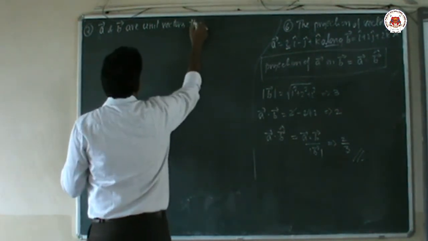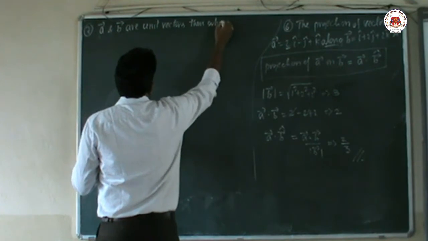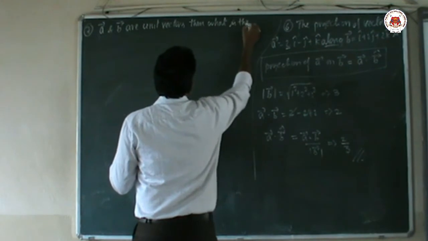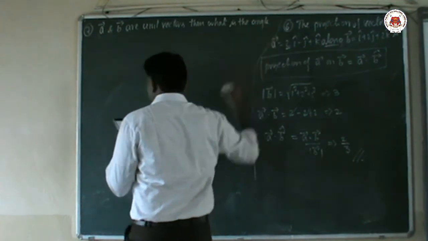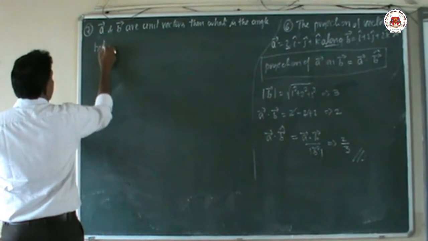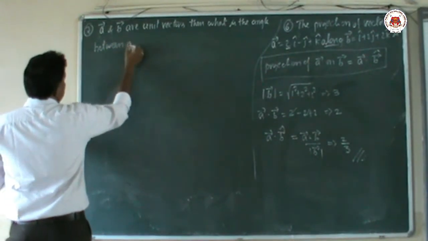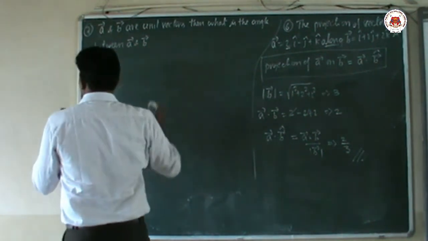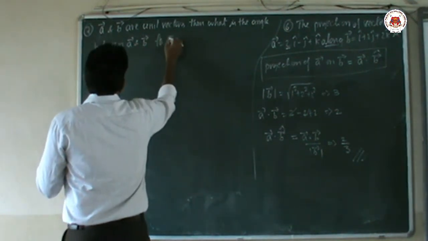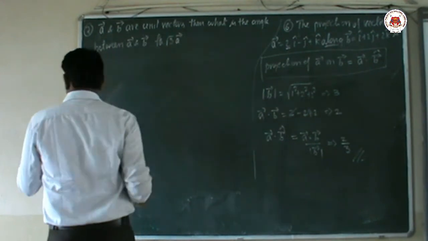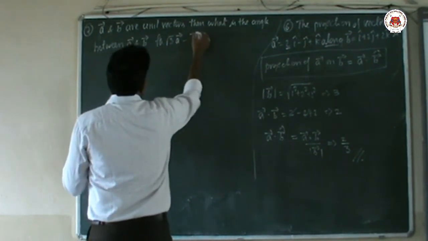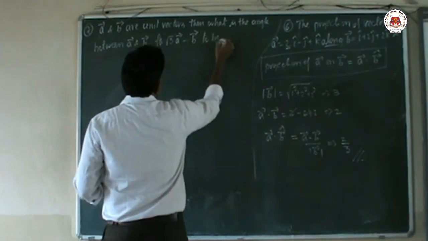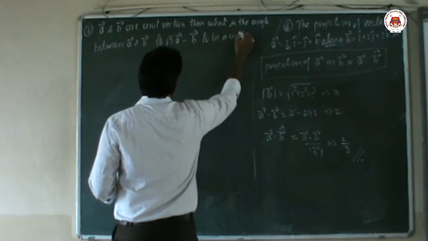Then what is the angle between vector A and B, for root 3 A vector minus B vector to be a unit vector?